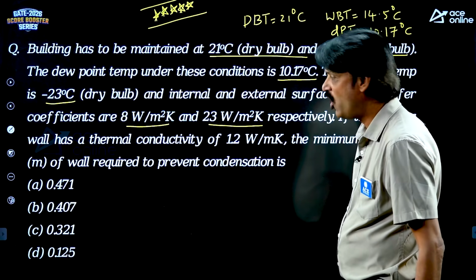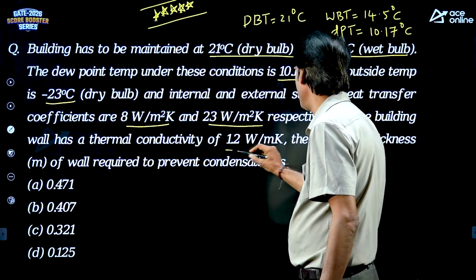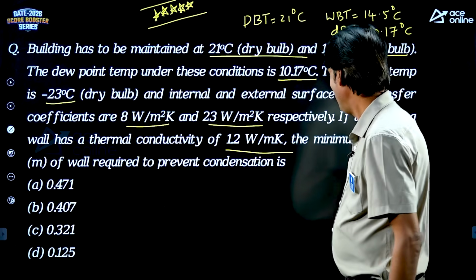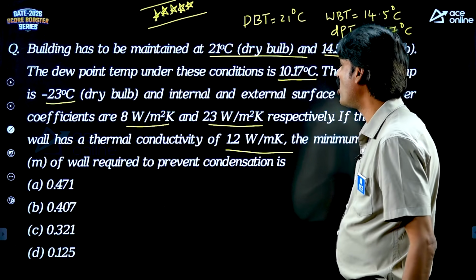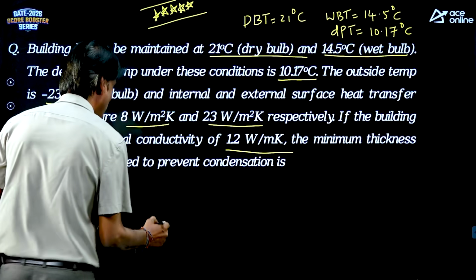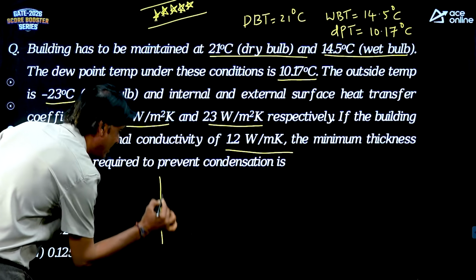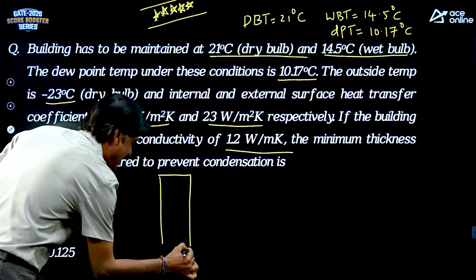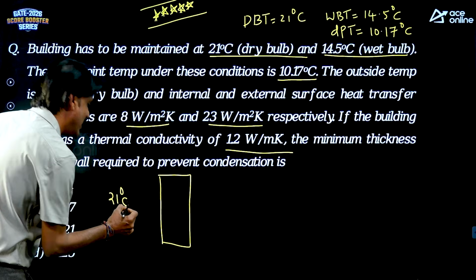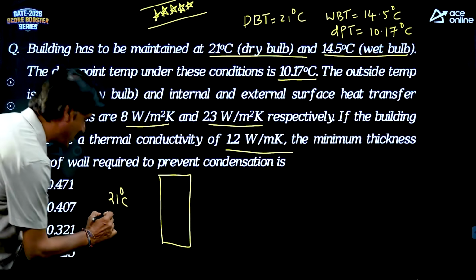If the building wall has a thermal conductivity of 1.2 watt per meter Kelvin, brick mostly, find the minimum thickness of the wall required to prevent condensation. This is such a beautiful question. If you look at it, he is saying that inside you have to maintain a temperature of 21 degrees centigrade dry bulb temperature.